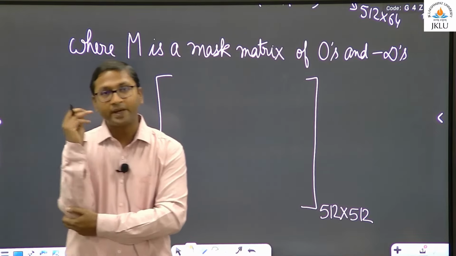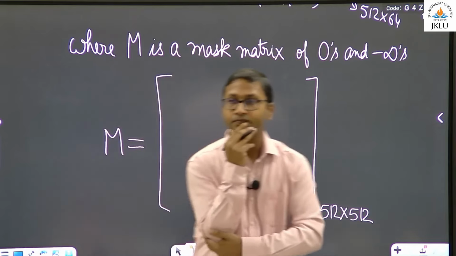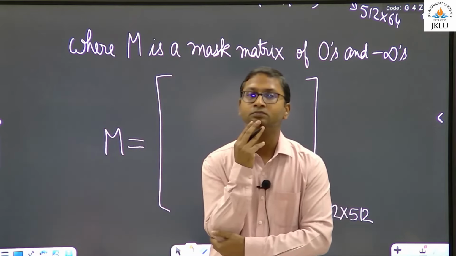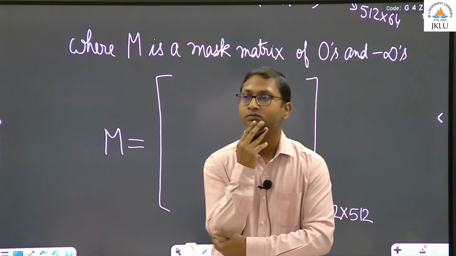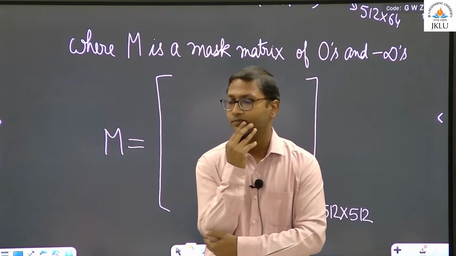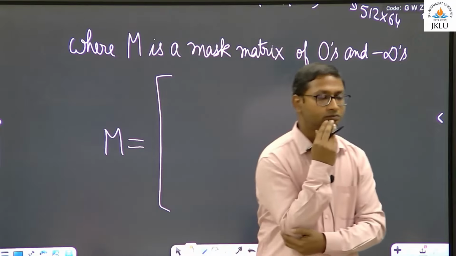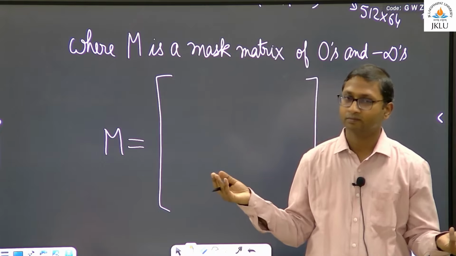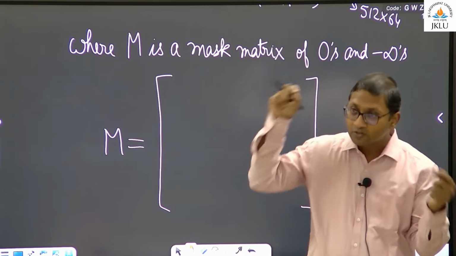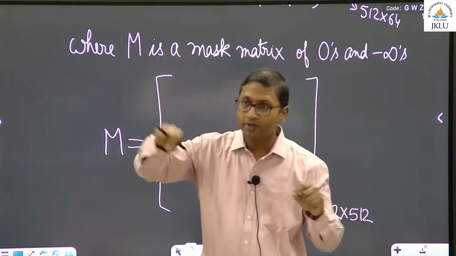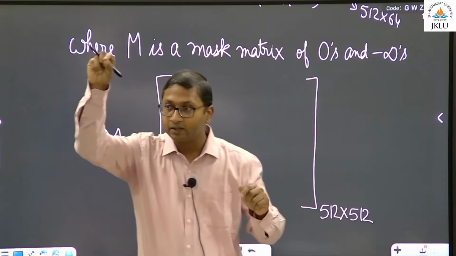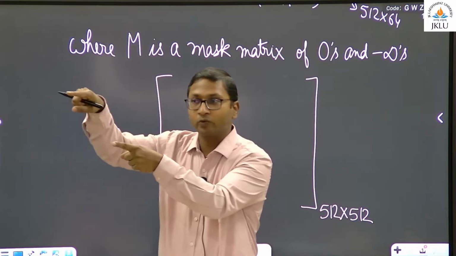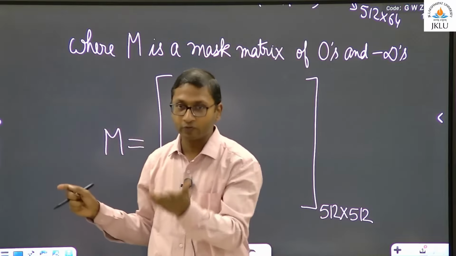What is the impact of minus infinity? In softmax, you will have e to the power minus infinity, that makes probability of that term equal to 0, and that is what you were looking for.